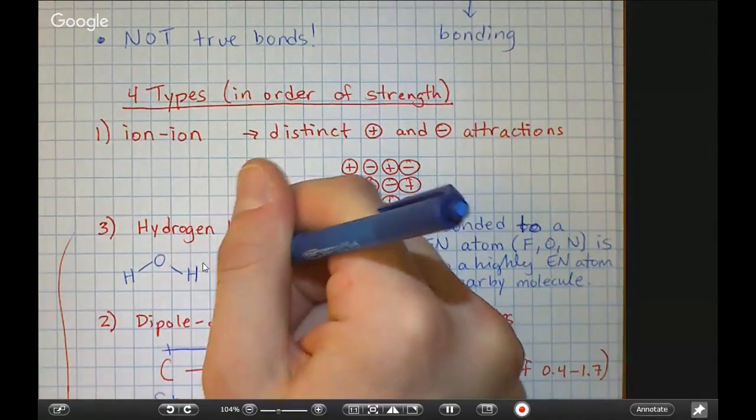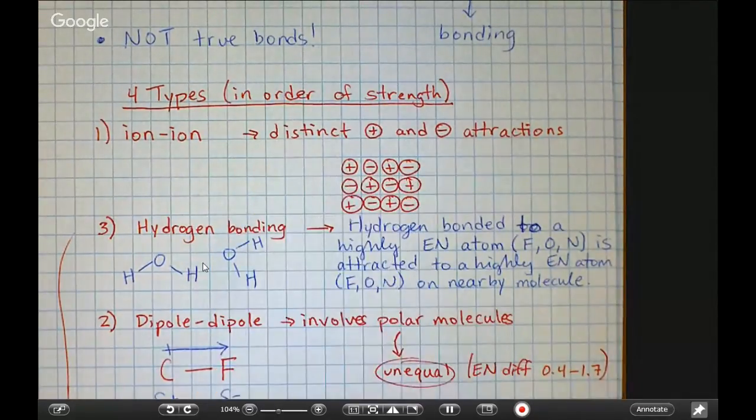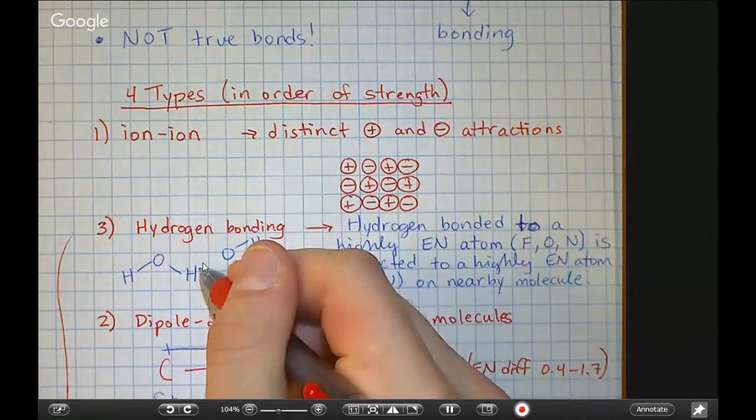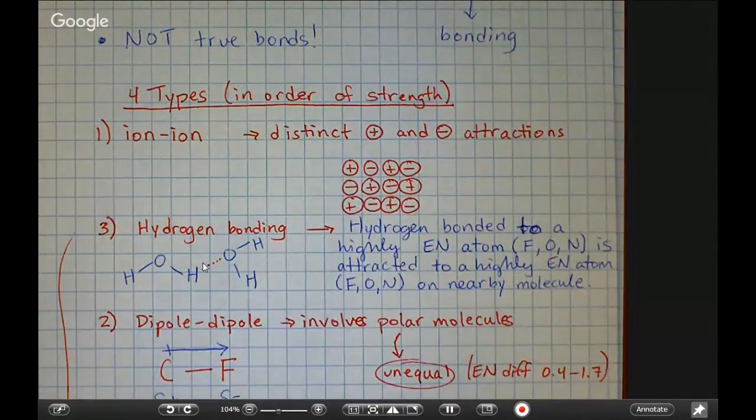So if we set up another water like this, then we're saying that a hydrogen is attracted to a highly electronegative atom nearby. And we could set up a whole network like this of water molecules, and that's what gives water some of its unique properties, like having a high surface tension, the way it behaves as a liquid and then eventually becomes a gas. The fact that as a liquid it has such a high boiling point.